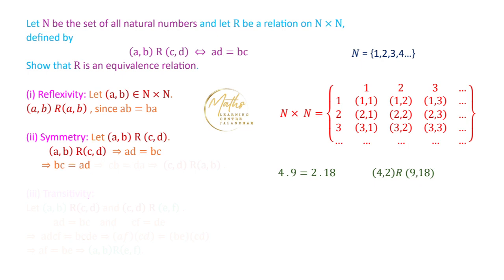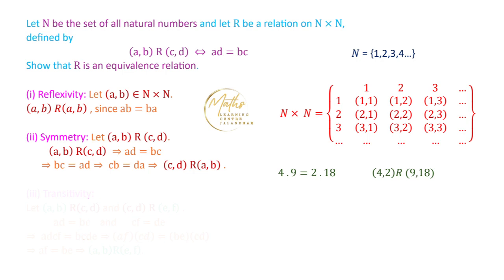And b and c are natural numbers, so what we obtain is that the product is commutative. So we obtain that cb is equal to da. And by the definition of this relation, when we say cb is equal to da, it means (c, d) is related to (a, b).